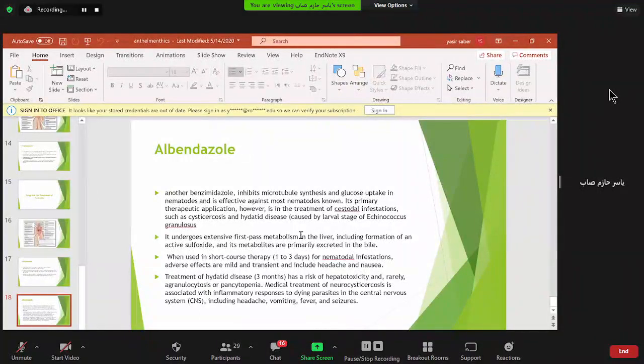It undergoes extensive first pass metabolism in the liver, including formation of the active sulfoxide.